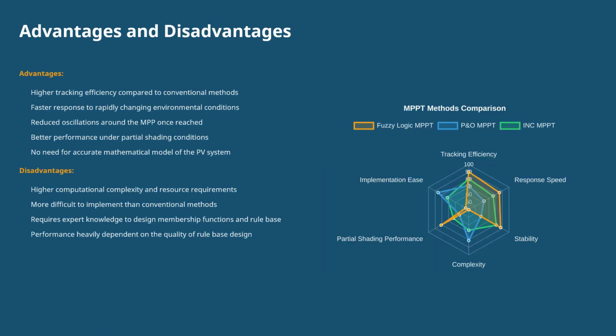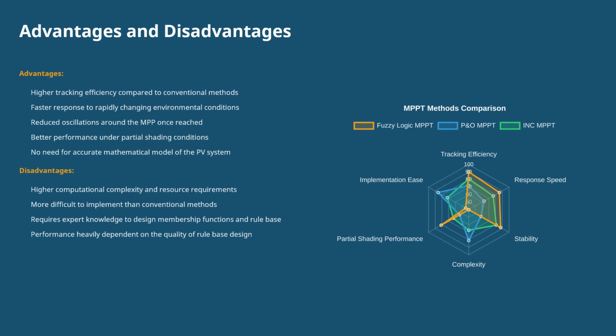Let's evaluate. The advantages are: it provides higher tracking efficiency than conventional methods like P&O and INC, fast response to changes in radiation and temperature, minimal oscillations around the MPPT, and it performs better under partial shading conditions. It doesn't require an accurate mathematical model of the PV system.